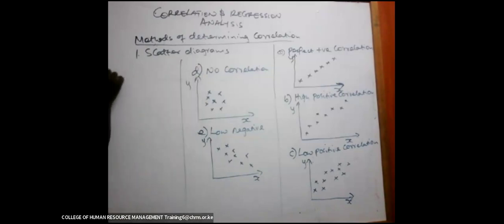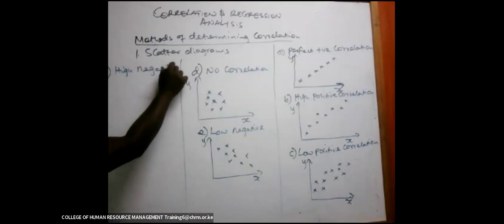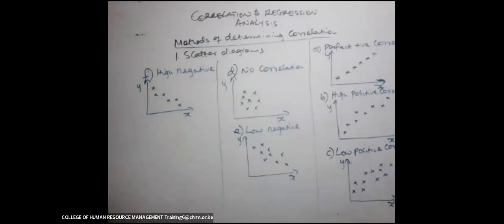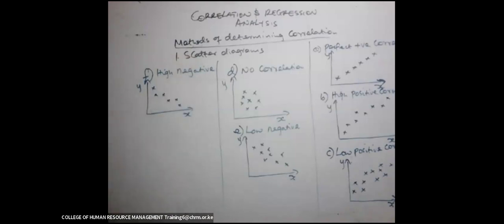Then F, it is a high negative correlation. A high negative correlation. The points are having a negative correlation, not a straight line, but almost a straight line. They are almost falling on a straight line, but not really a straight line, but negatively sloping. That is a high negative kind of correlation.